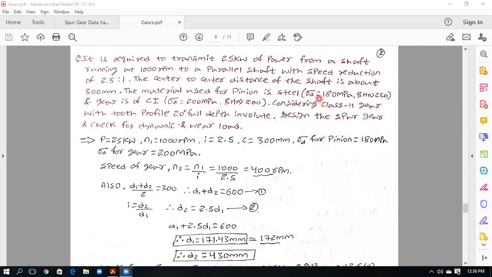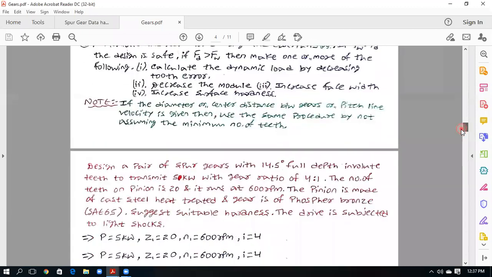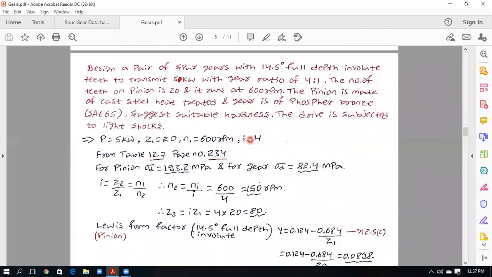If the details are not given, you know how to obtain the values from the data input, which we discussed in the previous problem. In this case, there is no need to refer to that table. Otherwise, I will show that. In case it is not given, you have to refer to table 12.4, where you will get the details of the pinion as well as the gear.